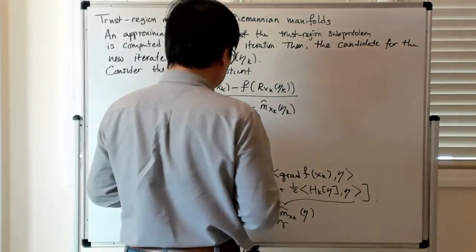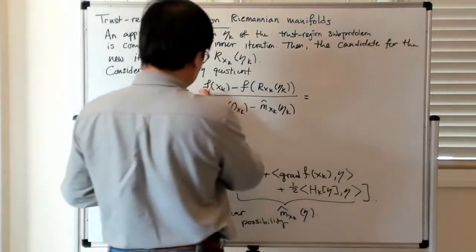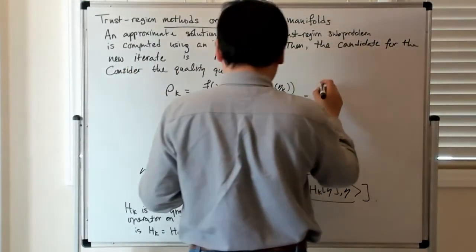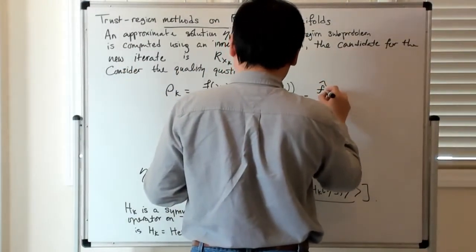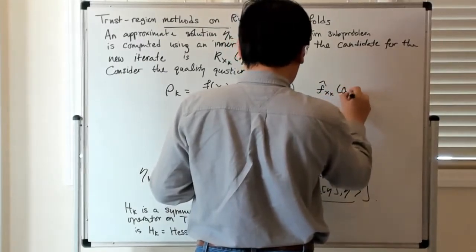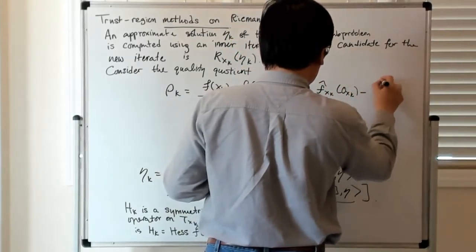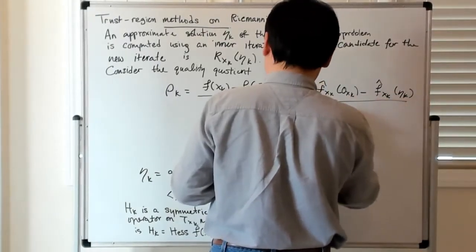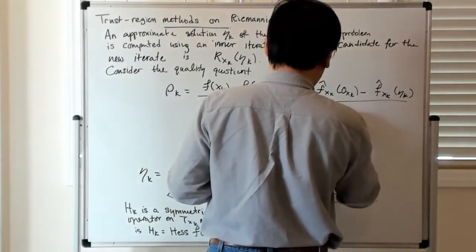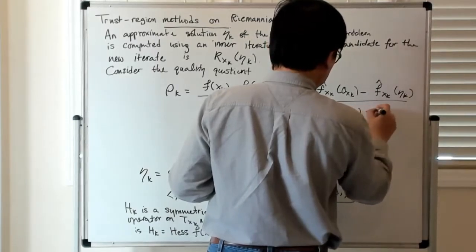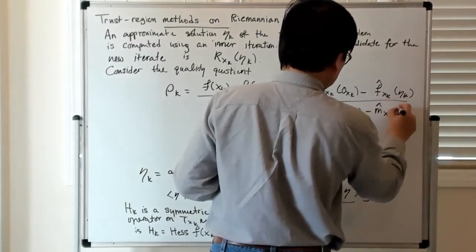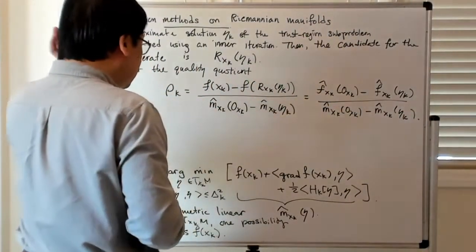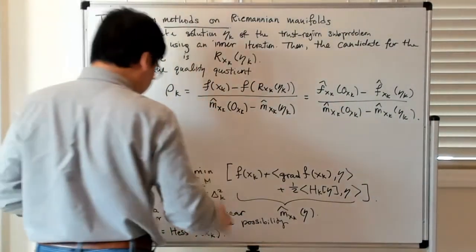I can write this in terms of the coordinate representation of f, if you will. So I get f hat xk at 0 xk minus f hat xk at eta k, divided by m hat xk 0 xk minus m hat xk at eta k. So this is the quality quotient, if you will.